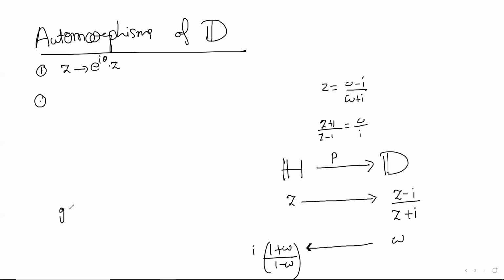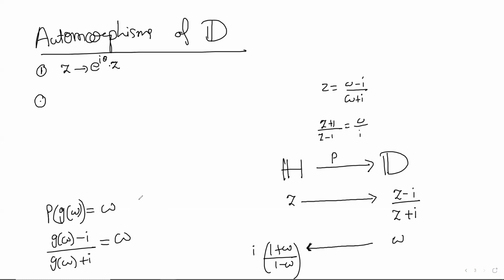If G is the inverse, then G(w), and P of this should be equal to w. So G(w) minus i over G(w) plus i equals w.